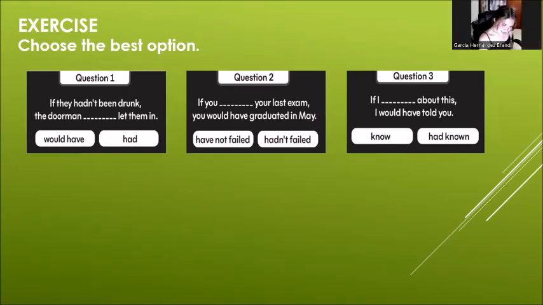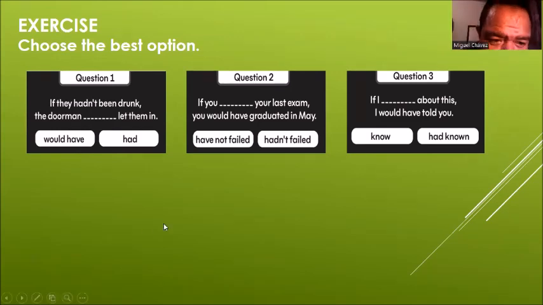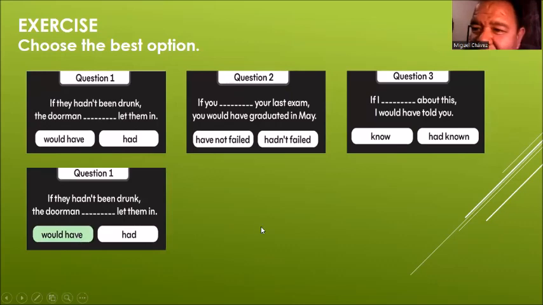If they hadn't been drunk, the doorman would have let them in. Can you speak aloud, please, and repeat it? Yes. If they hadn't been drunk, the doorman would have let them in. Let's check the answer. Would have. Thank you, Randy. Yes, you're right.